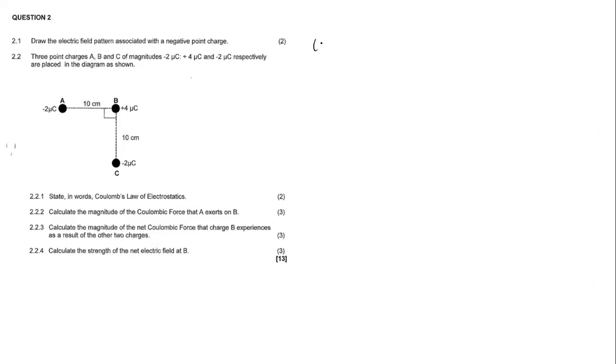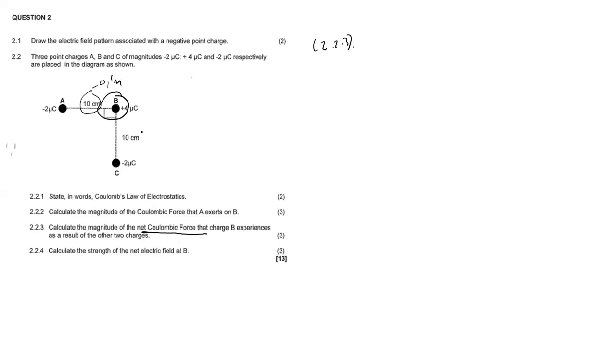Therefore, we move to 2.2.3. Now, 2.2.3 says calculate the magnitude of the net Coulombic force that charge B experiences as a result of the other two charges. So look, from A to B, we have a distance of 0.1 meters.